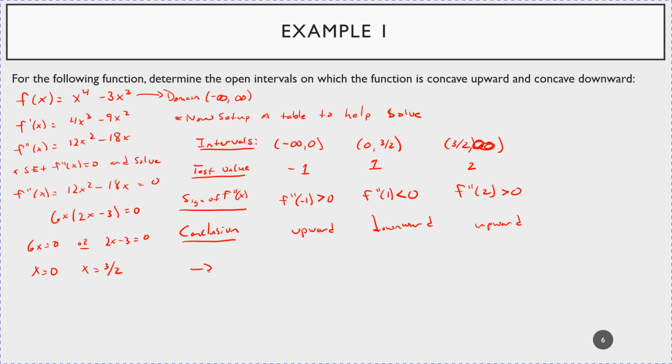So we can say this graph is concave upward on negative infinity to 0 and 3/2 to infinity, and concave downward on the middle interval, 0 to 3/2. Not too bad. Basically, you're doing the same exact procedure you did for increasing or decreasing, but now you're looking at the second derivative and applying the same concepts to it.